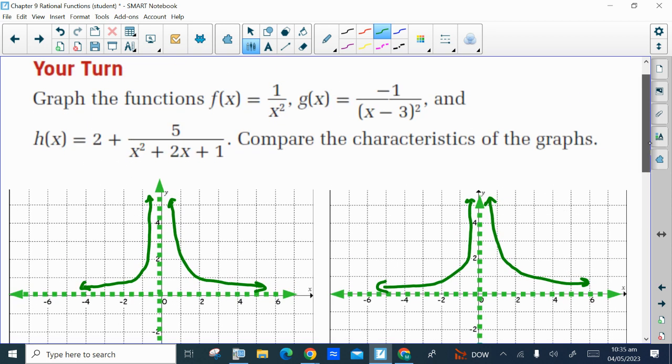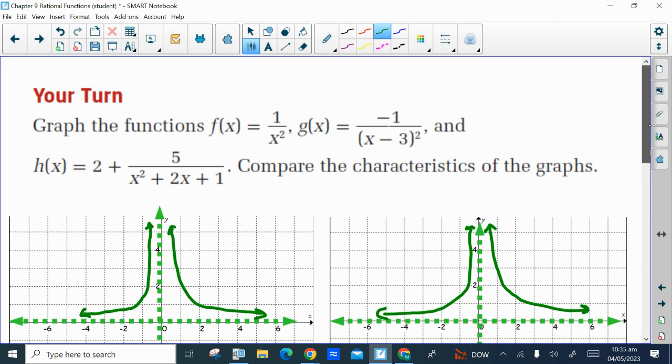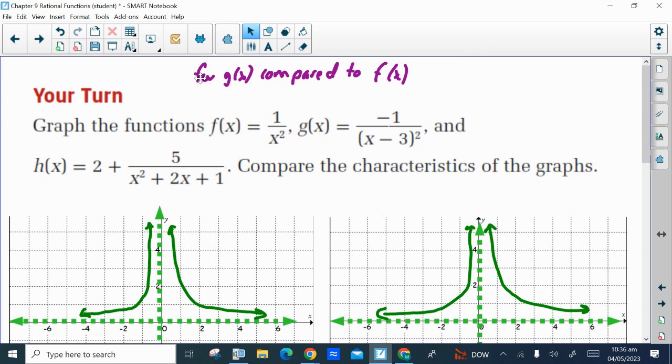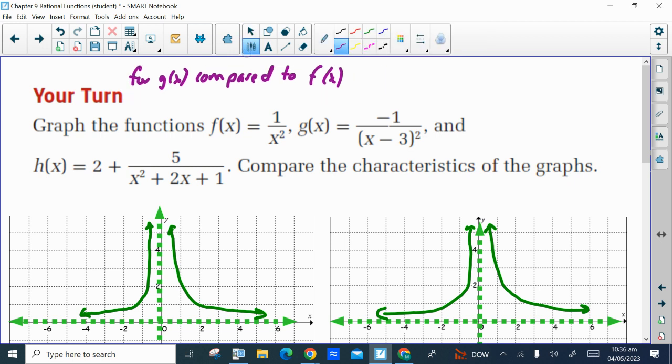And now we're going to compare first f and g. So for g at x, compared to f, we have an a value of -1 again, which means it's going to reflect over the x-axis.